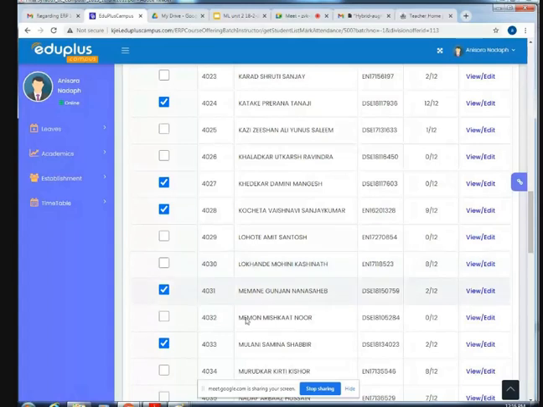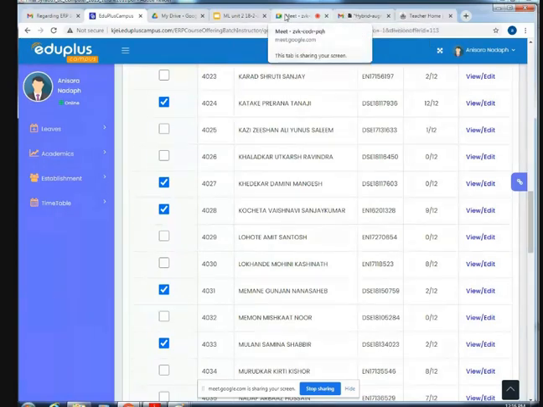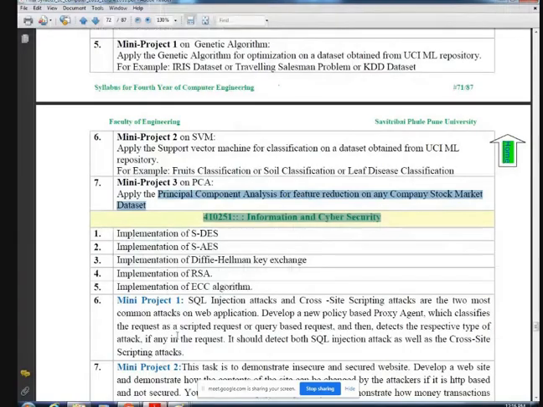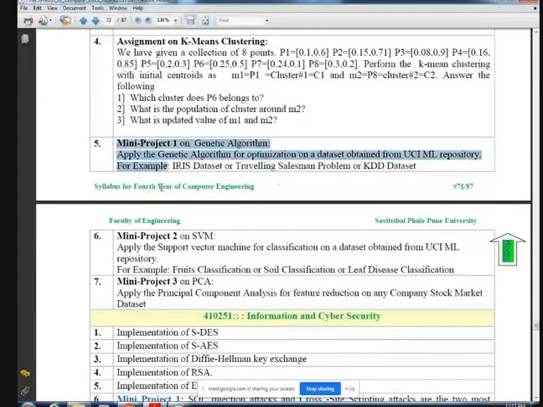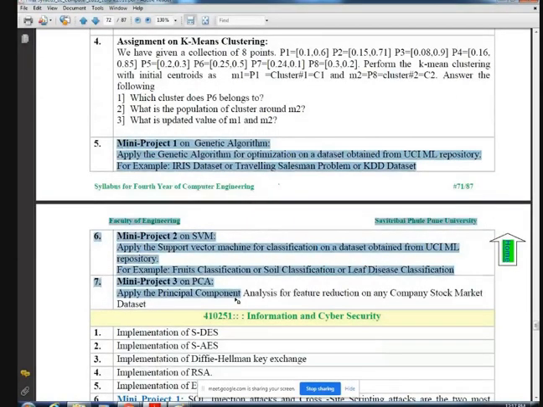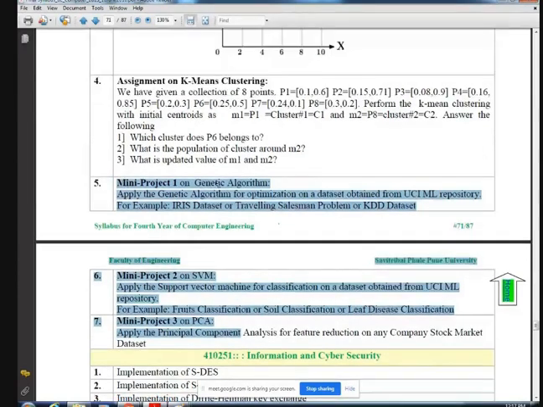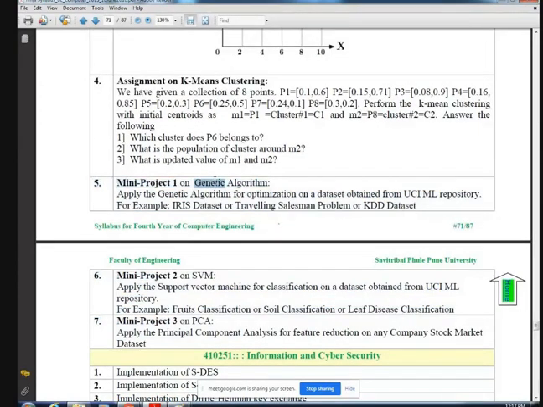Okay. Now what you are supposed to do is form a group of two people, and then start thinking about what mini project you are going to do. You can see from these mini projects, you can opt for any one. Mini project 1 is genetic algorithm. Mini project 2 is SVM, support vector machine.